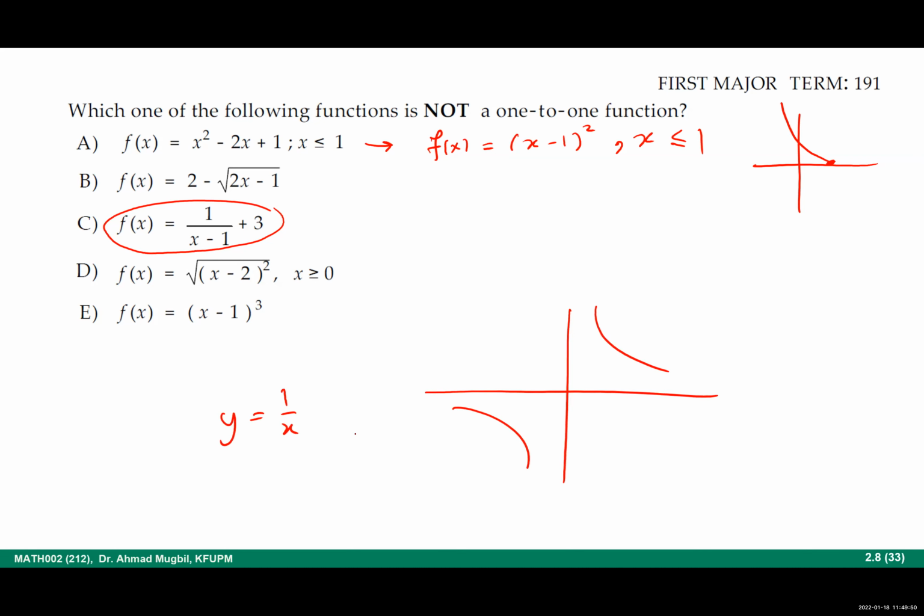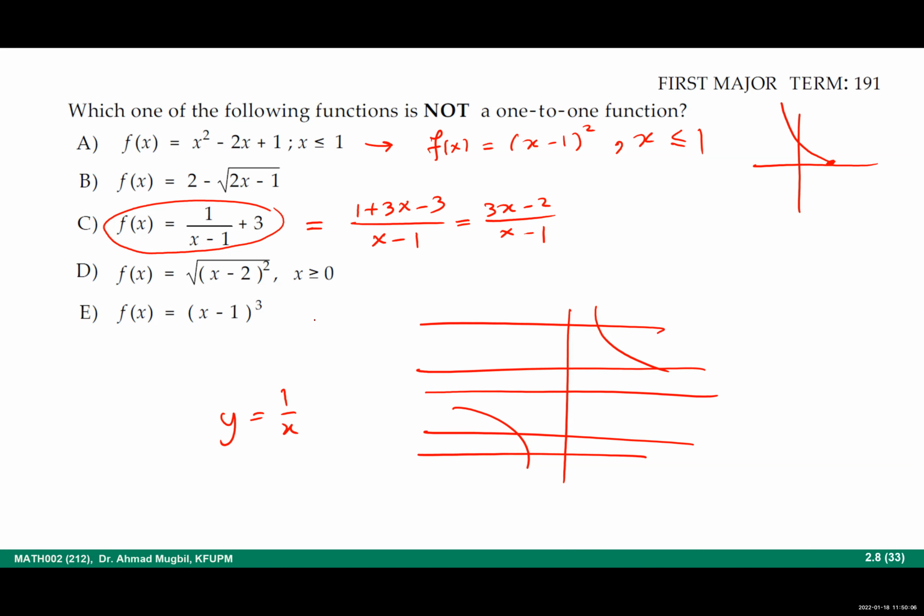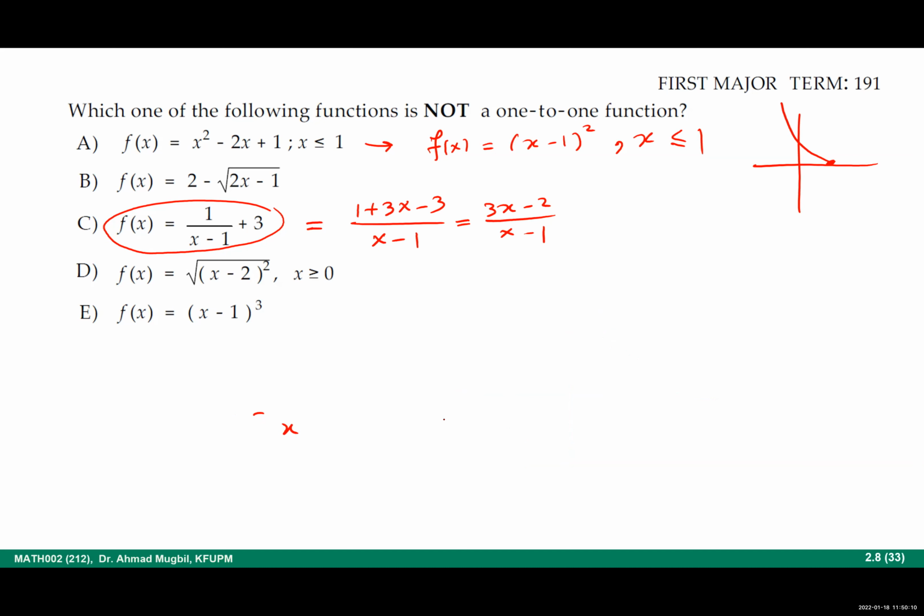So the horizontal asymptote, you can, by the way, if you want, write it as x minus 1. It will be 1 plus 3x minus 3, which will be 3x minus 2 over x minus 1. It is one-to-one, right? Because if you sketch any horizontal line, it will intersect it only once, okay? So it is one-to-one, and in fact, the domain is over there.